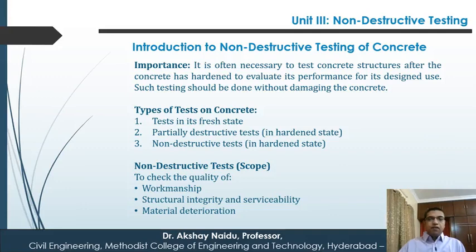Apart from that, on the structure itself, in the hardened state, there are some partially destructive tests, and finally we have non-destructive tests in hardened state. So today our topic of focus now is non-destructive tests.